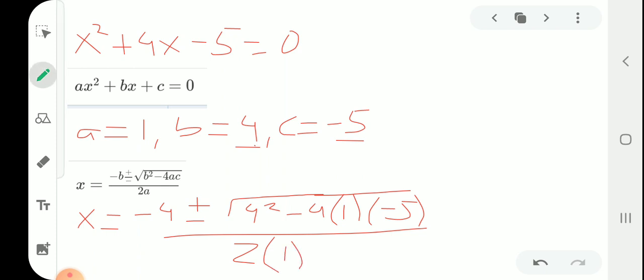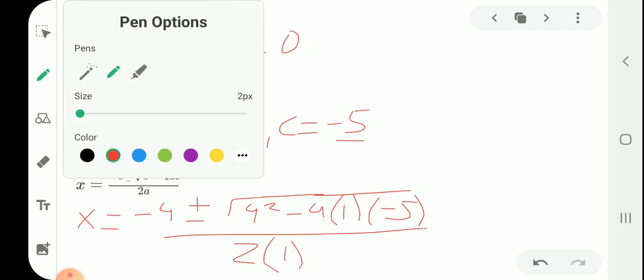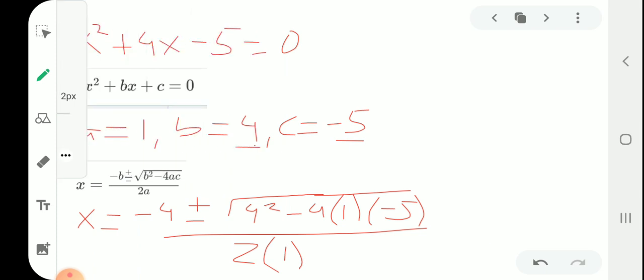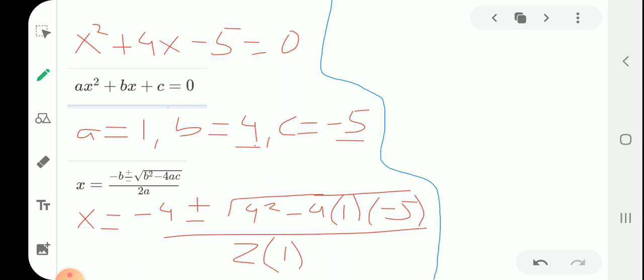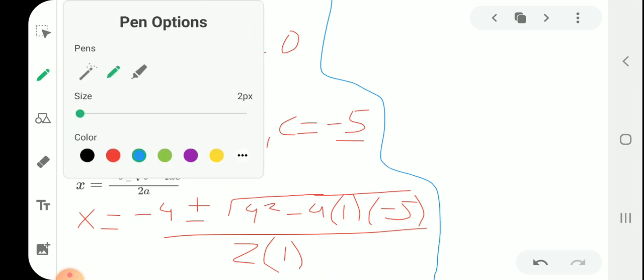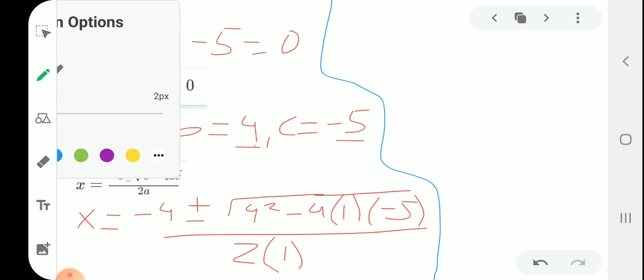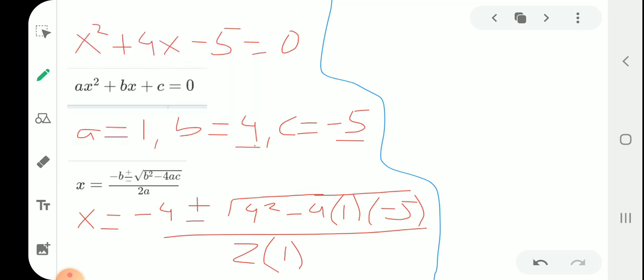Then we'll continue, finding the roots of this particular quadratic equation. So in here, our x is equal to negative 4 plus and minus.